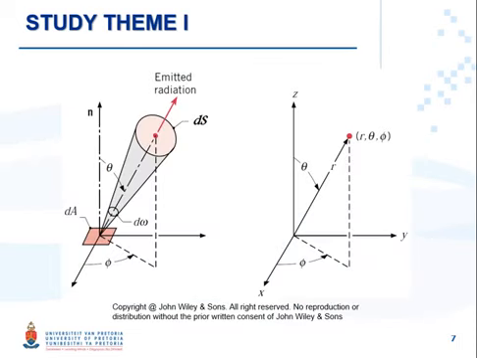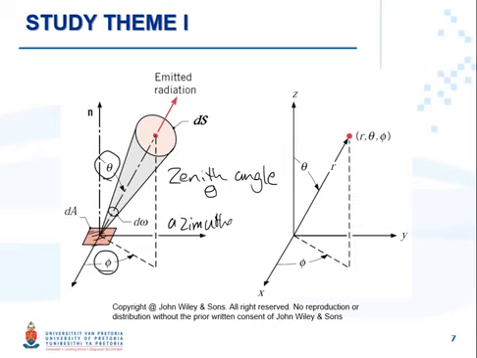Look at this picture and consider emission in a particular direction from an element of the surface area dA. The direction will be specified in terms of two angles that we call the zenith angle, which we show with theta, and the azimuthal angle, which we show with phi.